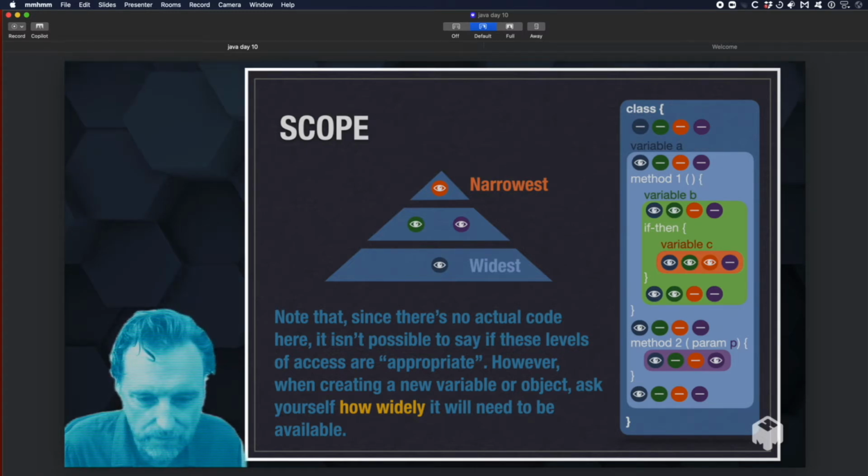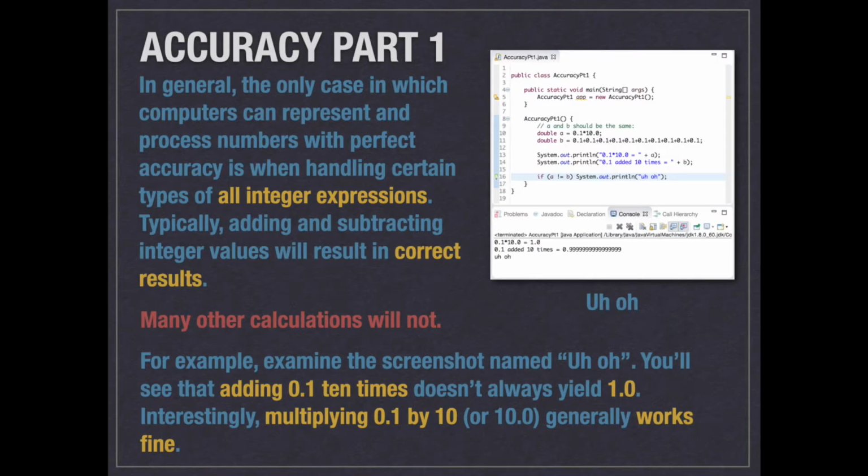We did note last time that adding 0.1 together 10 times to get 1, and multiplying 10 times 0.1 to get 1, gave two different results. They were really close results, virtually 1, but one of them was 0.999 and 16 nines, which is super close to correct, but the point is it's not actually correct.